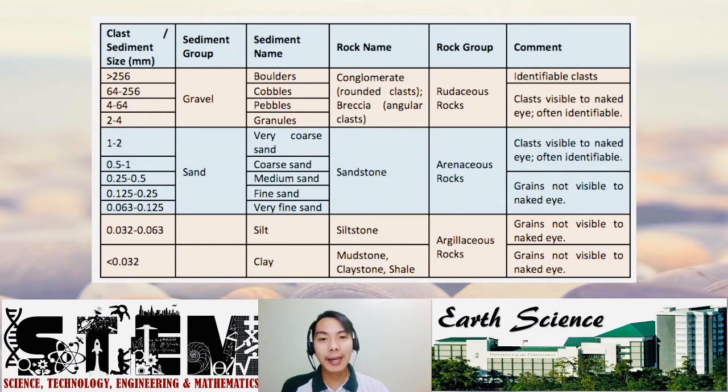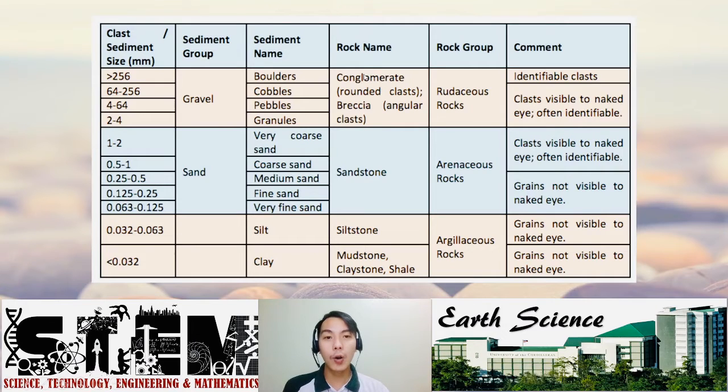Sorry, going back here, if the size is from 2 to 256 millimeters, it could be either conglomerate or breccia. If it is composed of rounded clasts, then that is a conglomerate. If it has more angular clasts, it is breccia.